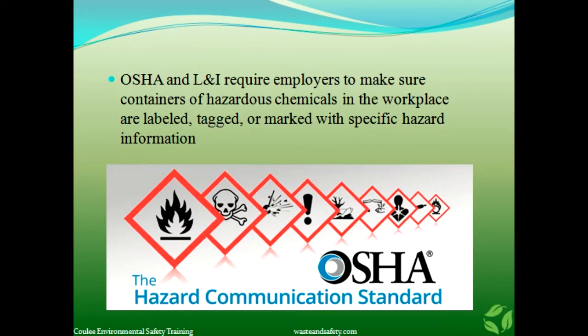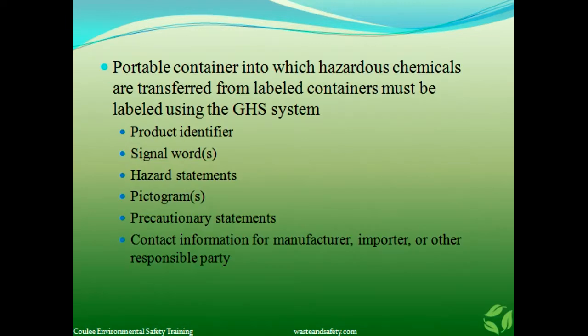As part of the Globally Harmonized System, or GHS, for hazard communication, employers must make sure each container of hazardous chemicals in the workplace is labeled, tagged, or marked with specific hazard information. Portable containers into which hazardous chemicals are transferred from labeled containers must be labeled using the GHS system.